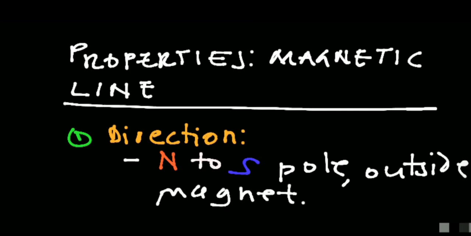Outside, they move from north to south. Consider the following diagram. Let's say we have a permanent magnet like this with north and south poles. It's obvious that magnetic field lines, as I've said, are moving from north to south in this way. This is the direction of magnetic field.